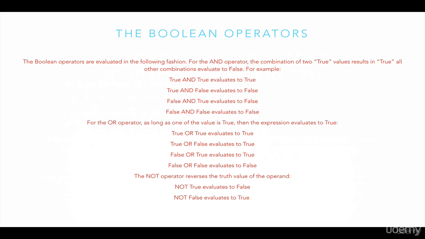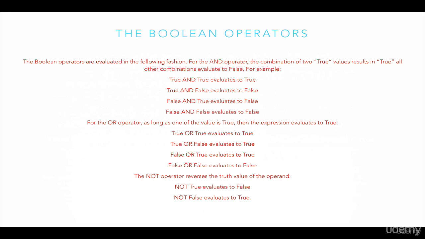For example, true and true evaluates to true. This is pretty easy and straightforward to determine: as you can see, the two parts of this statement are true, and because I am using an AND operator, and according to the rules of the AND operator, the entire statement is true, okay?